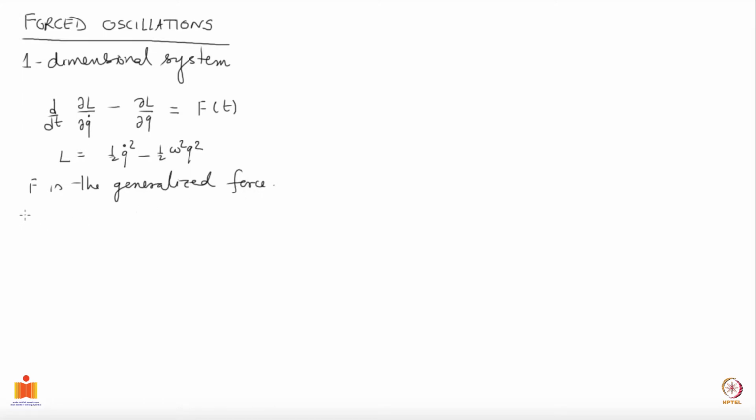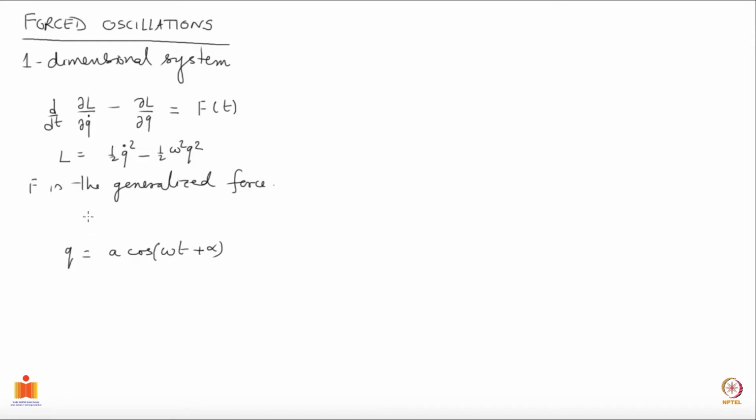Now if F is equal to 0, it vanishes, then you have a free system. The solution to the free case you already know: q is A cos(omega t plus alpha).